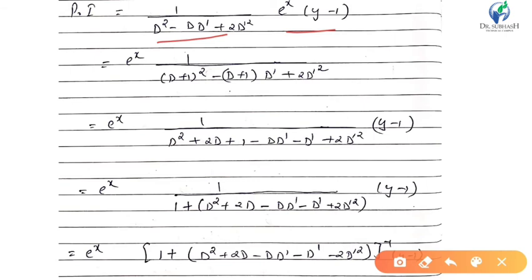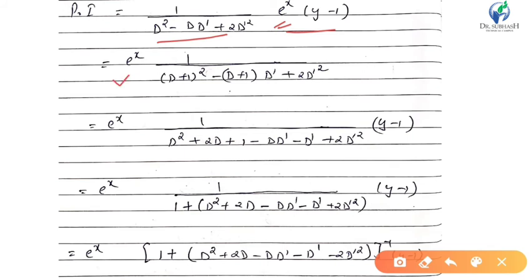Now here the coefficient of x is 1, so we need to replace D by D plus 1, and the coefficient of y is 0, so D dash will be D dash minus 0, that means only D dash.